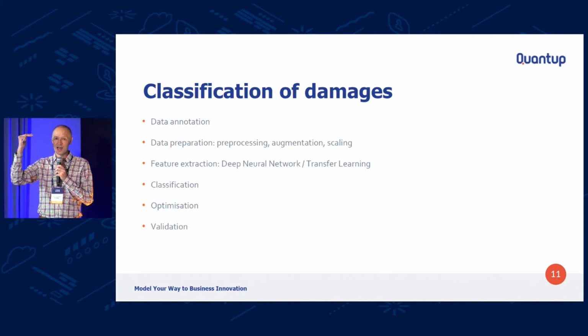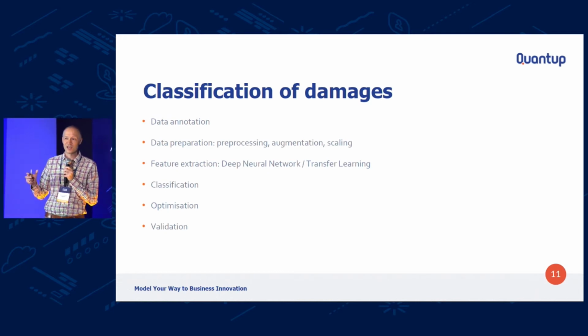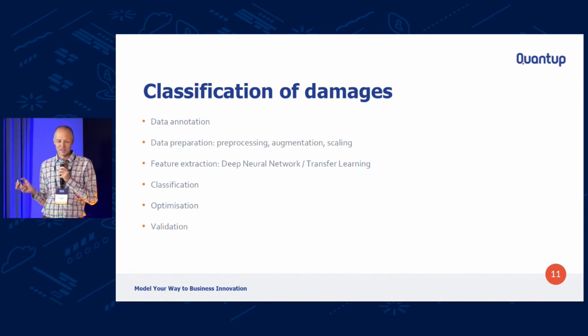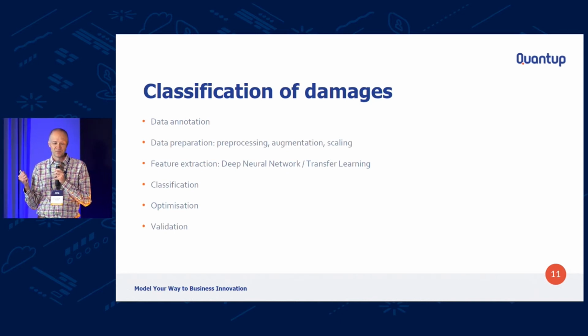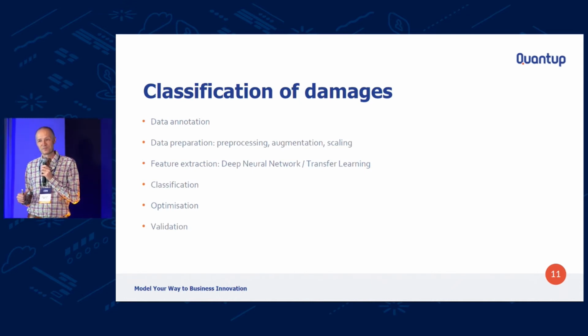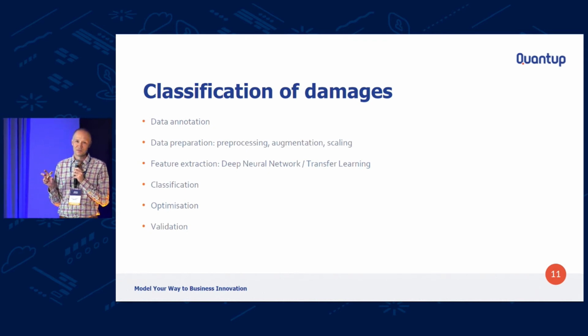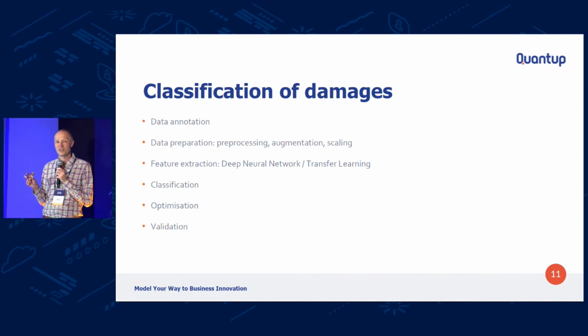And next, we built a classifier. So we have data annotated. We know what's damage, what's normal. We have them prepared to enhance data and to allow the algorithm to see, to distinguish between damage and not damage. We built algorithms that can classify crack, chip, ballast, normal. And what we needed to do is something non-standard, which is optimization.